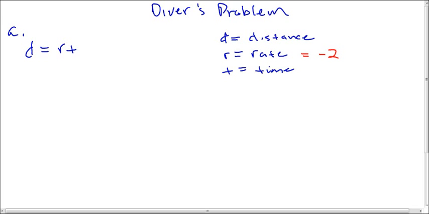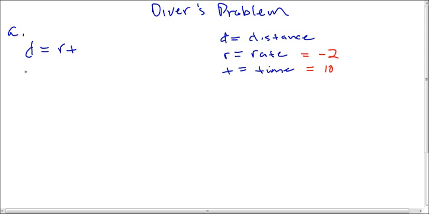And so what is T? We know that T for the first one is seconds, and it is equal to 10 seconds.